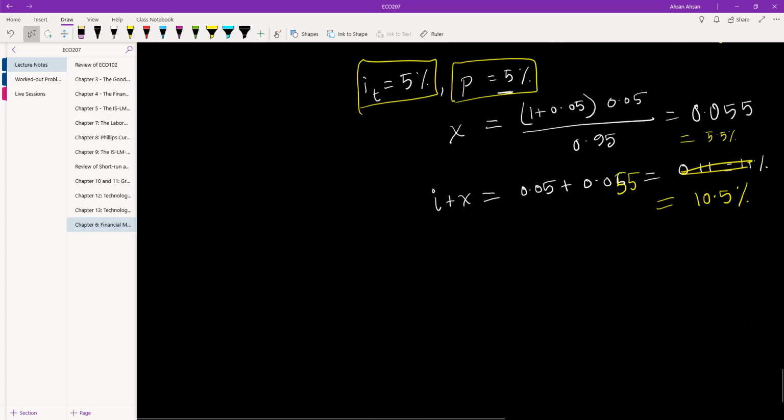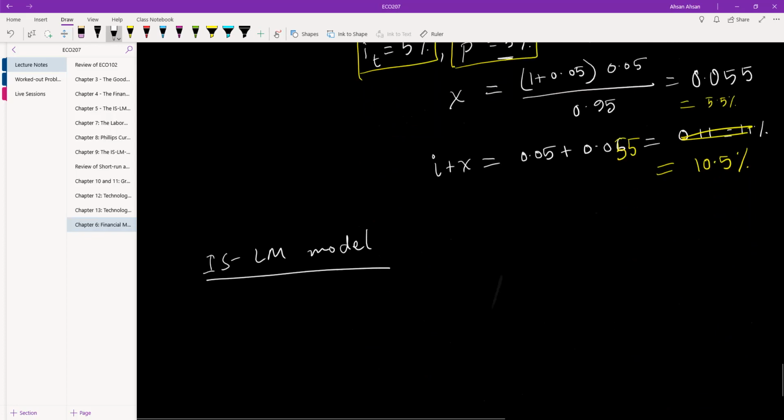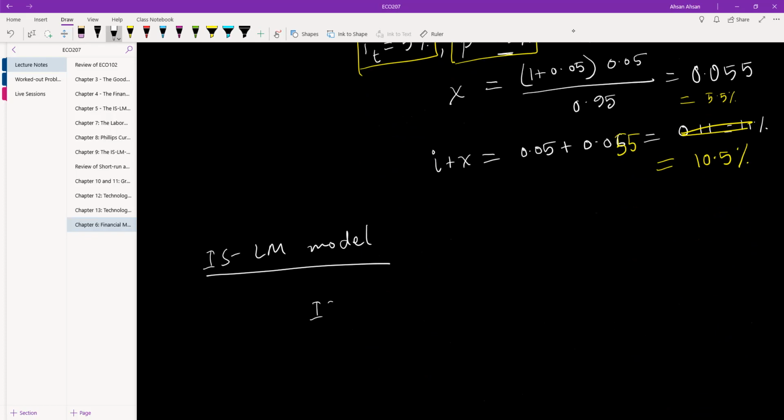So now, the final part of this chapter, we are finally going to take a look at the IS-LM framework, the IS-LM model with different levels of interest rate. Because notice what we had in chapter 5. In chapter 5, the IS equation was Y equals C(Y minus T) plus I plus G. From here, we effectively endogenized investment.